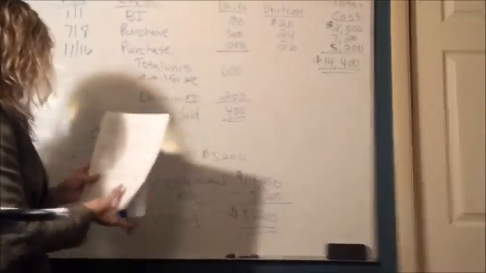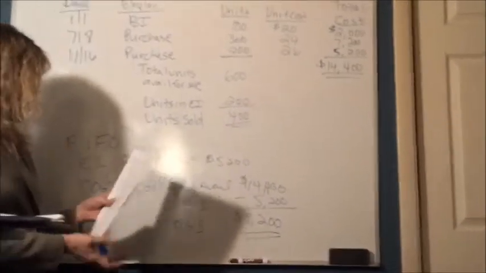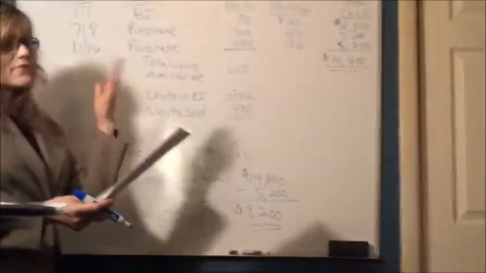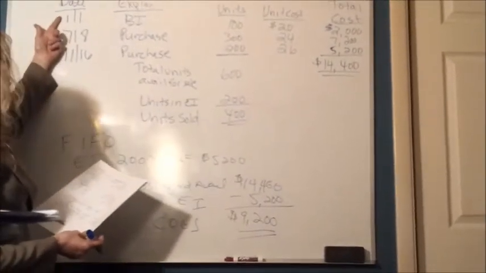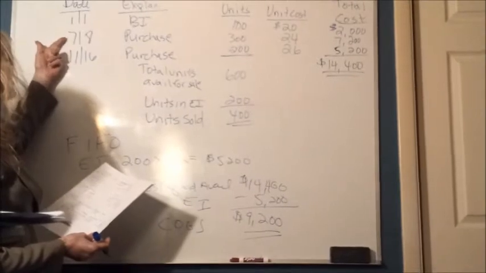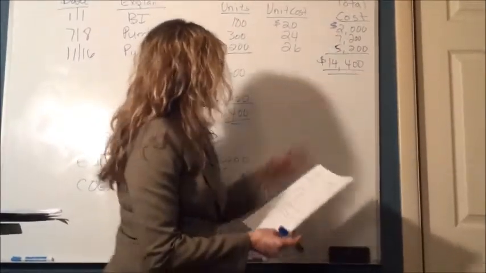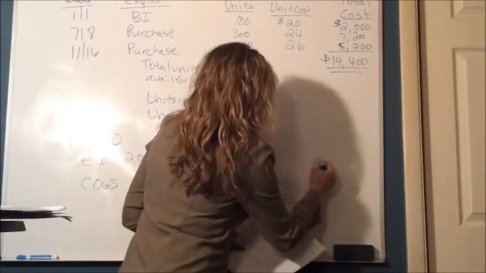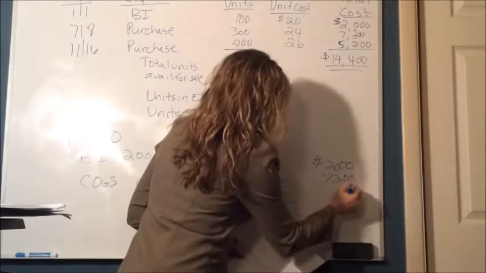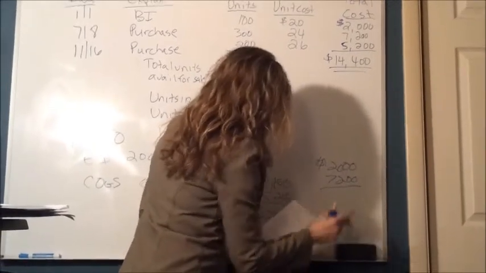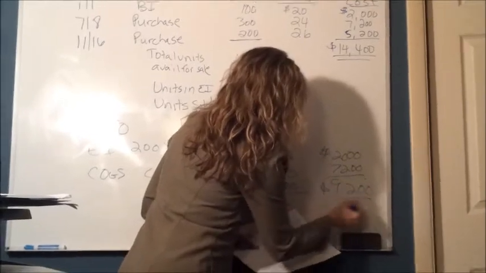There's other ways we could do this. One way we could also determine our cost of goods sold: since we know first in is what we sold, we know we sold our January 1st beginning inventory and our purchases from July 8th. So if we add those total costs together, the $2,000 plus the $7,200, we know our cost of goods sold is $9,200.